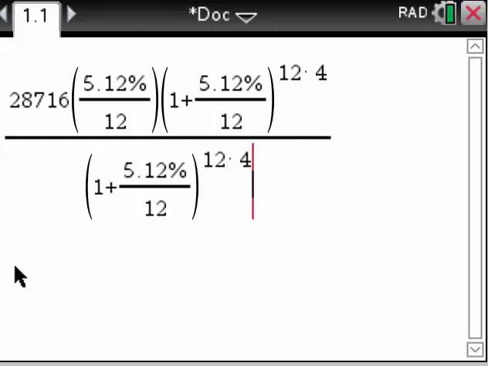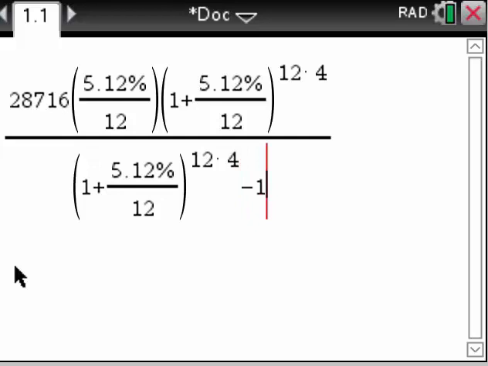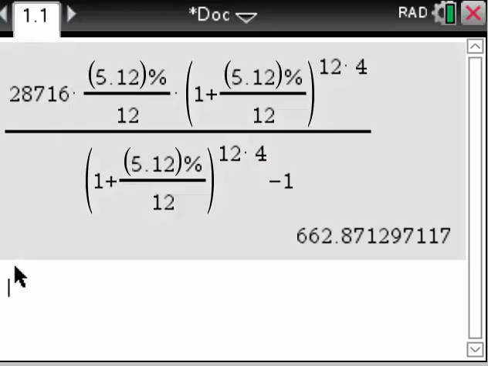And then you have to get out of the exponent, so hit the over button, minus 1. Whoa! Good thing we have a good calculator. So our monthly payment is $662, and to the nearest cent, we go 2 decimal places, so 87 cents.